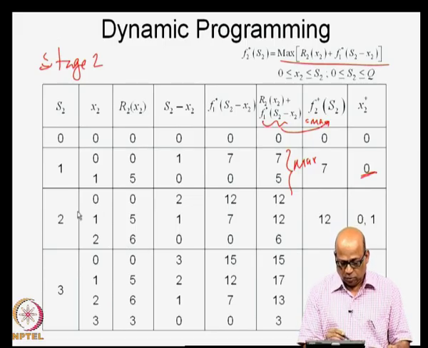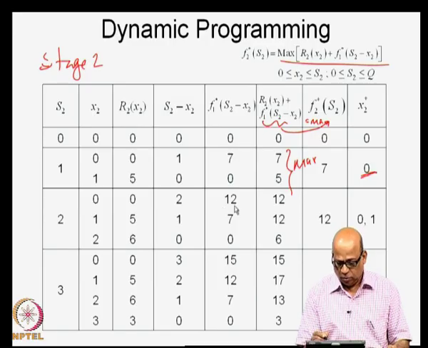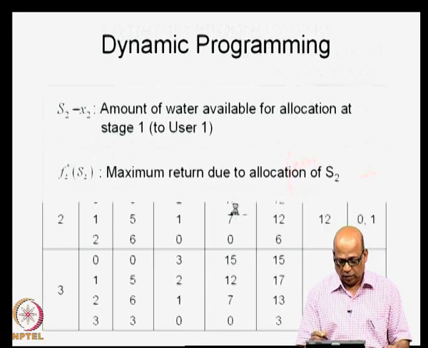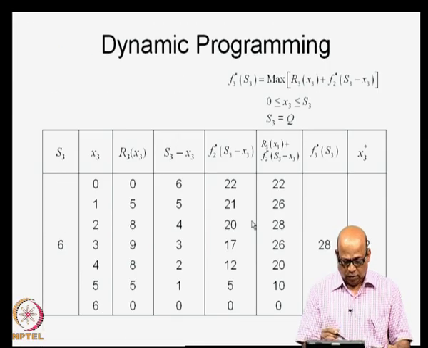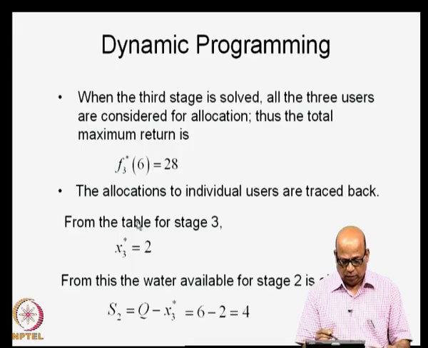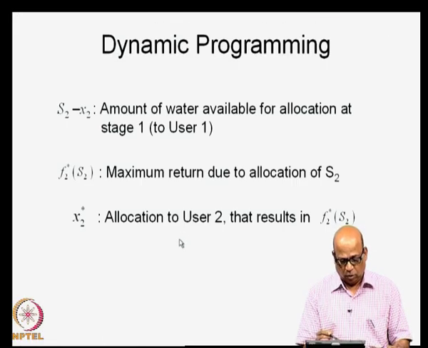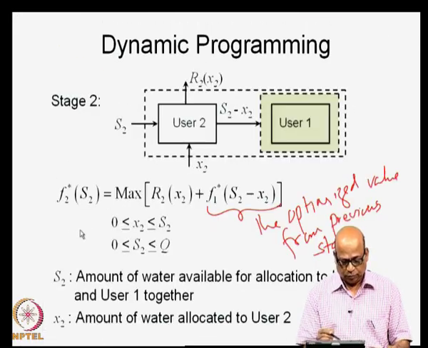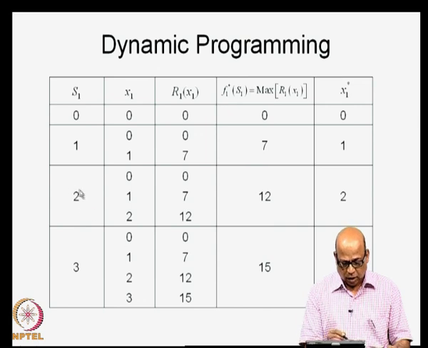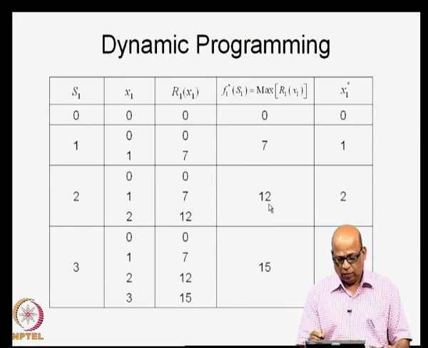If you allocate 0, you are left with 2 for user number 1, and the optimal allocation of 2 gives you 12 from user number 1. Look at this. User number 1 you have already solved, and you are looking at allocation of 2 at user number 2, and that gives you a benefit of 12.